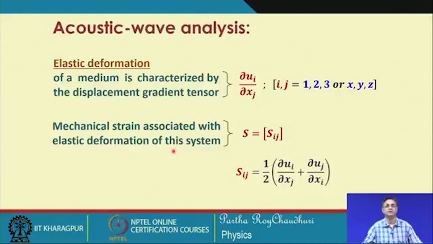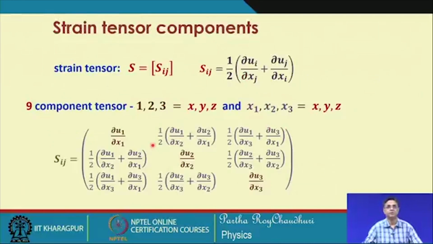So, let us consider the elastic deformation once again. The mechanical strain associated with this elastic deformation is of this form, S_ij, this matrix which has elements del u_i del x_j plus del u_j del x_i, with a factor of half. This creates that 9-component deformation strain matrix.